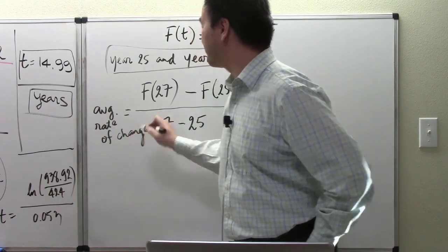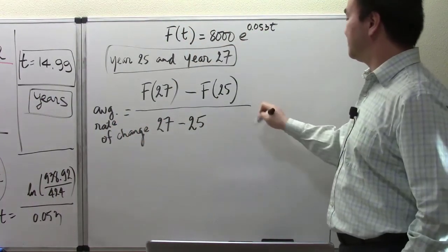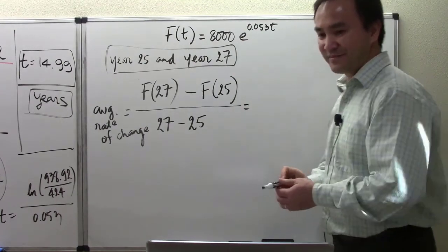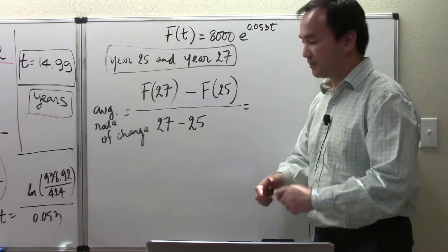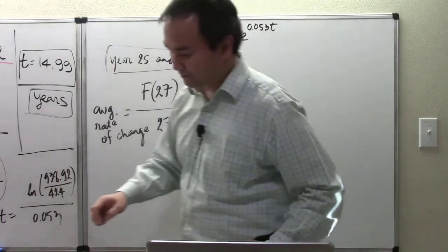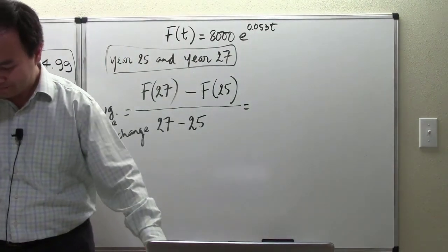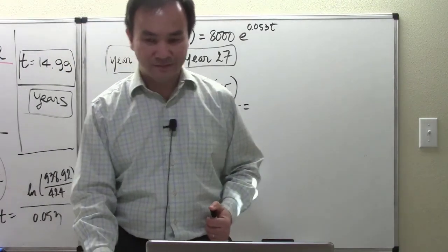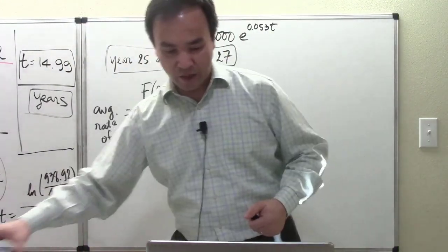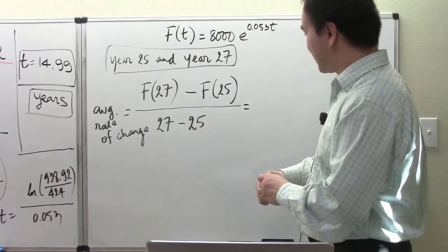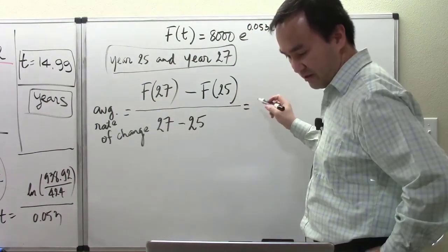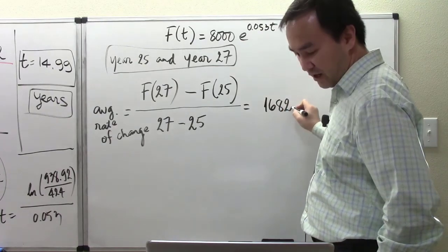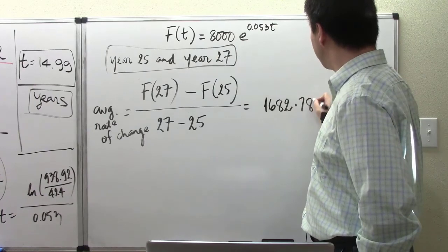Now it's just a matter of doing the calculation, and I am going to take another couple of minutes to do it here. All right, my final calculation shows that this average rate of change turned out to be $1,682.78.